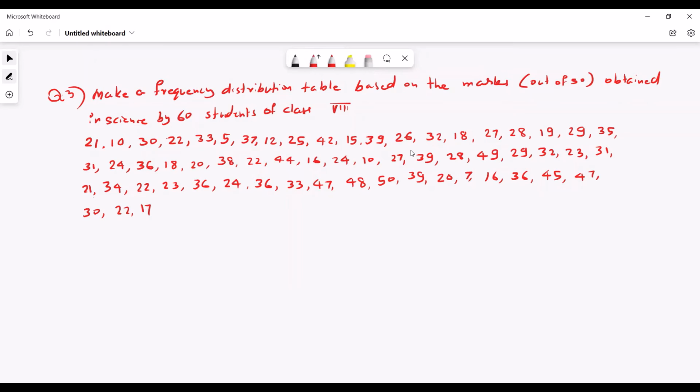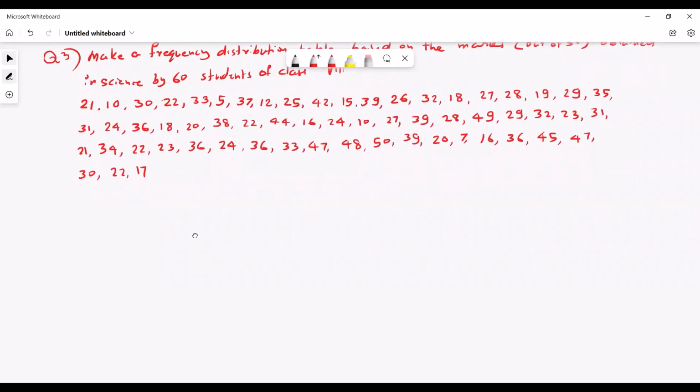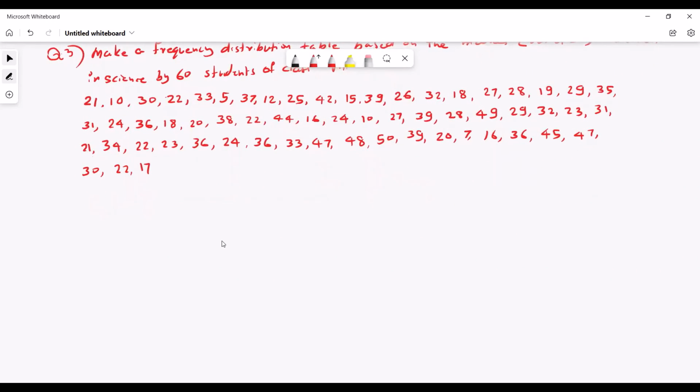The 60 students' marks are given here as raw data, and we have to create a frequency distribution table and accommodate these marks in it. The highest mark given here is 50, so we have to make the groups or class intervals.